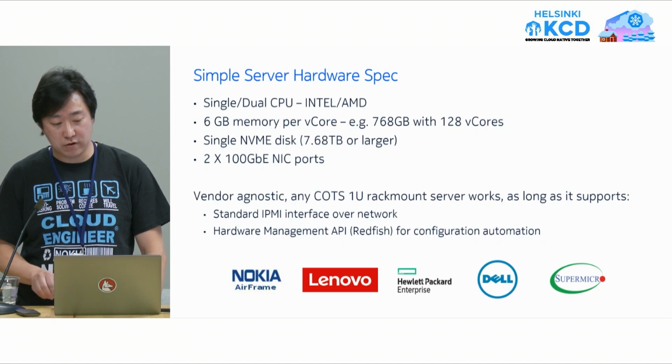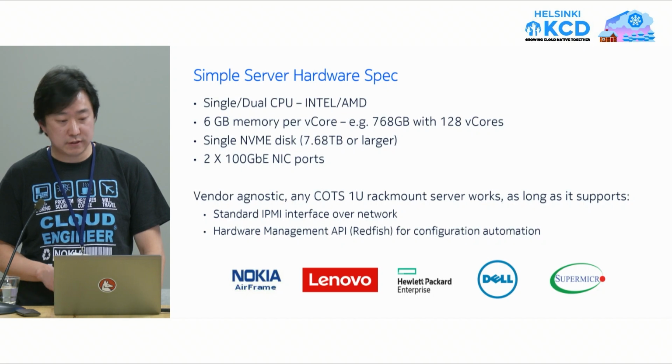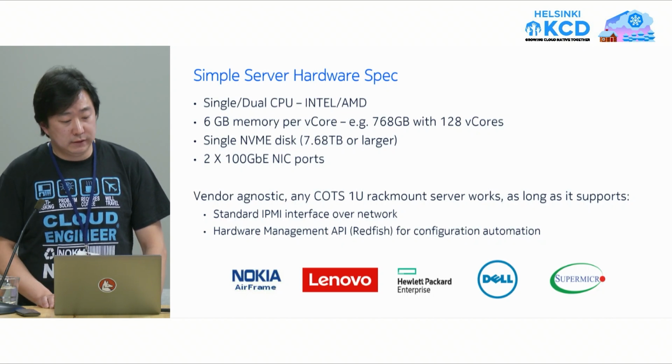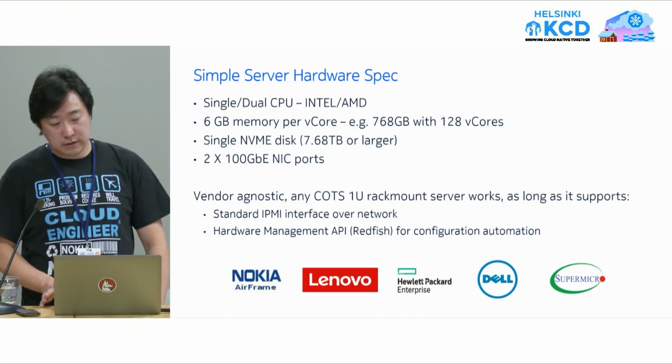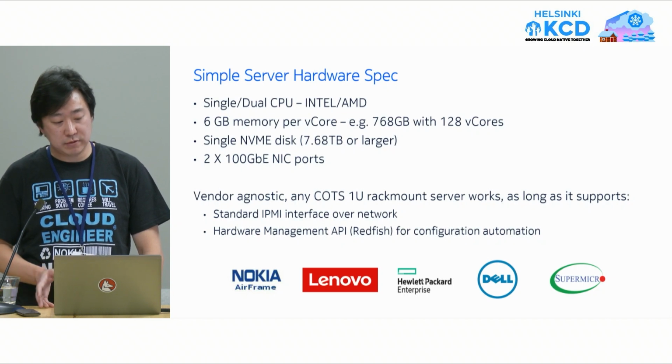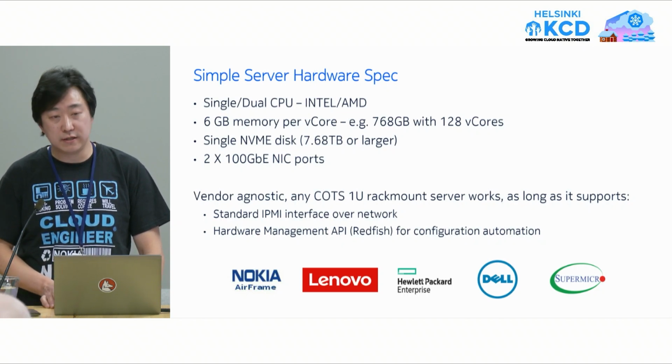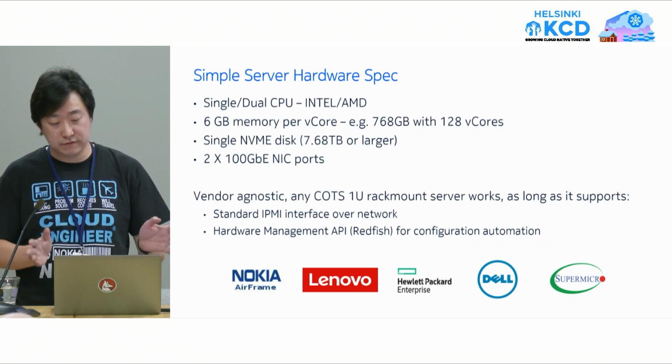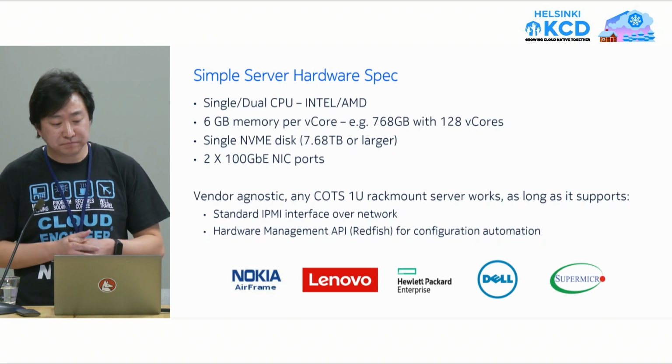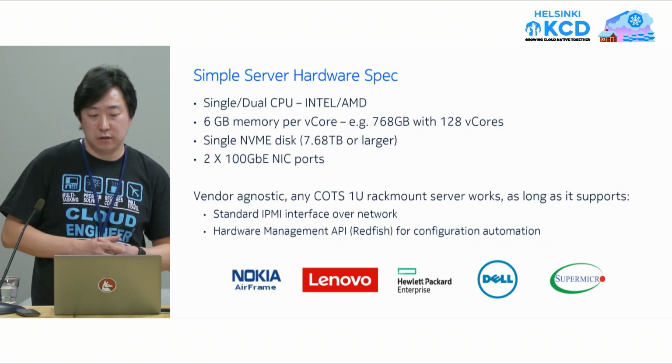Every virtual core has 6 gigabyte memory. A single NVMe disk with 7 terabyte or larger, no RAID controller, and 2 times 100 gigabit Ethernet port connecting to both leaf switches for redundancy and bandwidth sharing.